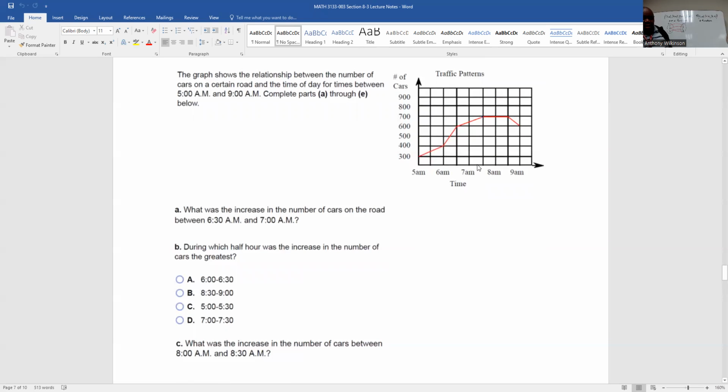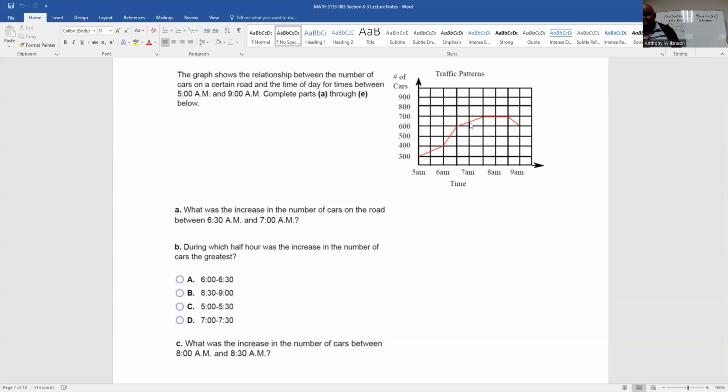So we look at 6 a.m. and 7 a.m. Now at 6 a.m., how many cars are there? Oh, 400. Oh, I'm sorry, 6:30 a.m. Whoa, 600. And then at 7 a.m., we have to kind of estimate, because that looks like it's halfway between 600 and 700.